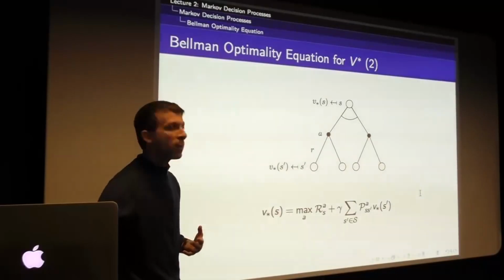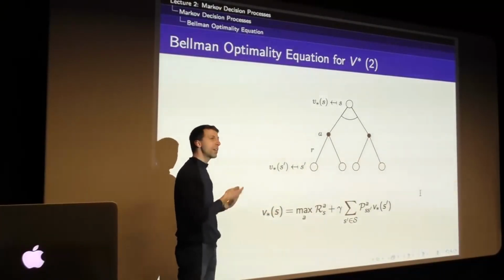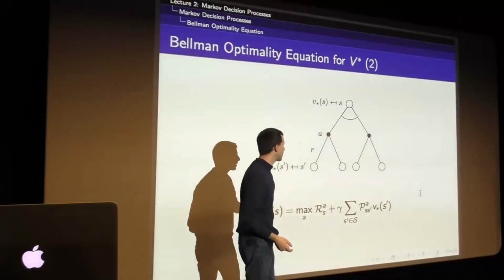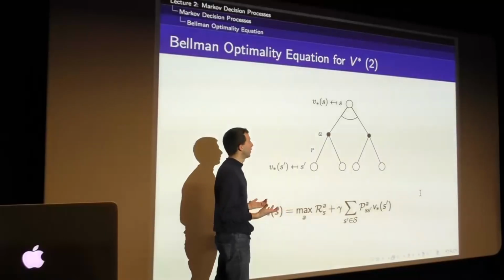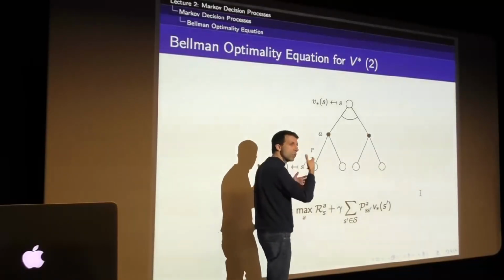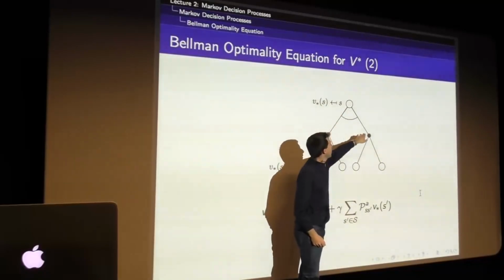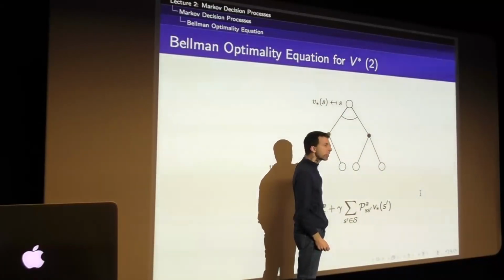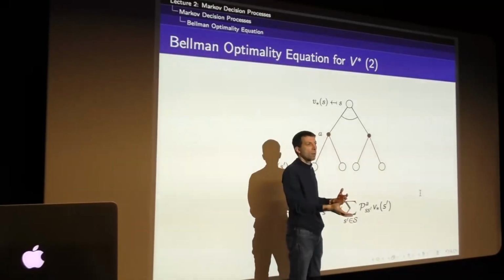And again, what we can do is put those two pieces together. When you put those two pieces together, you have a recursive relationship that relates V star to itself. So this gives us an equation that we can solve. This is now a two-step look ahead. We're looking ahead over the actions we can take here and maximizing over those. We're also looking ahead over the dice that the environment might roll.